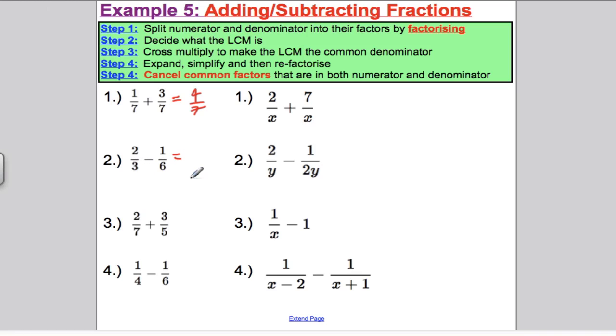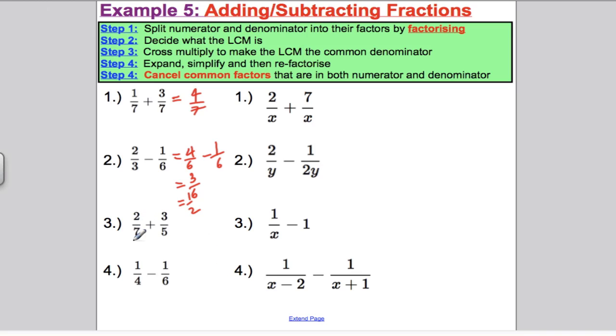So you convert the first one to something out of sixths. So how would you do that? What equivalent fraction over a 6 is 2/3? Well, you'd have to multiply top and bottom by 2. So it would be 4/6 minus 1/6, and you get the answer 3/6, which you then should cancel down to a half.